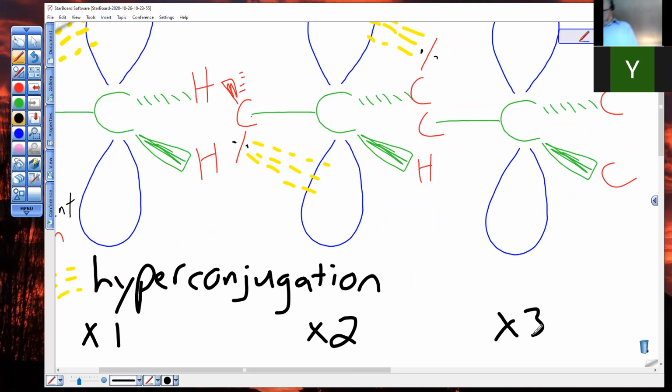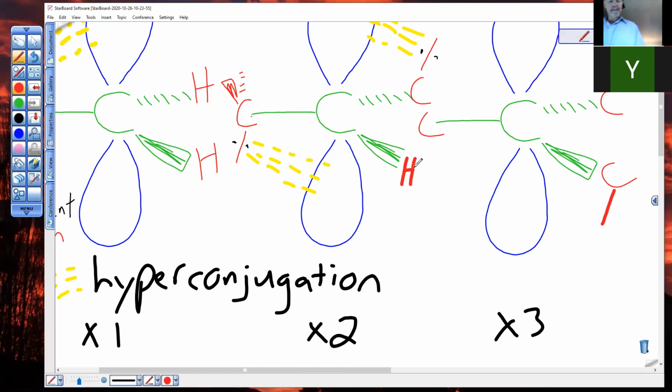Guess which one's the best story? We got a bond down here. We got a bond up here. We got a bond down here. My molecules are running into each other. Can I just kind of move this H in a little bit? Not changing anything. I just need the space.